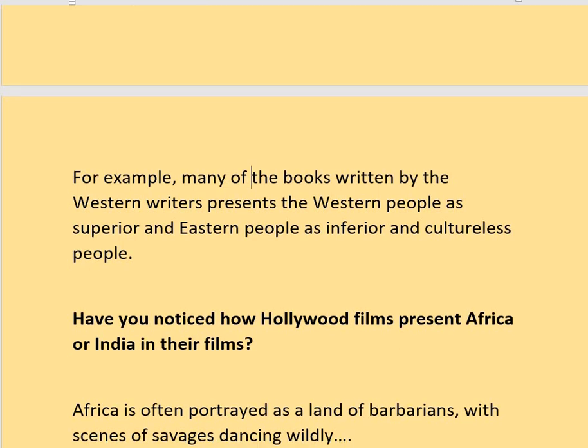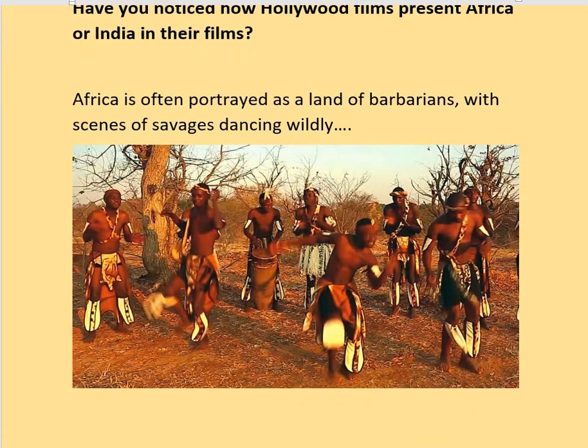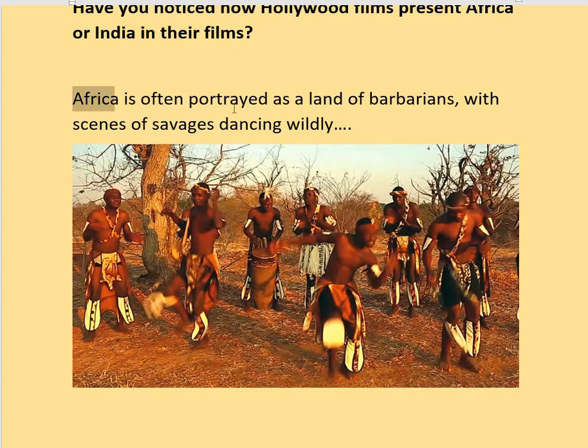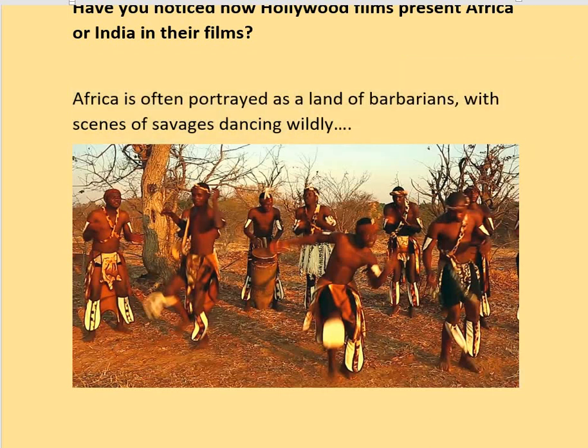Have you noticed how Hollywood films, that is American films, present Africa or India in their films? Africa is often portrayed as a land of barbarians with scenes of savages dancing wildly. Even your picture of an African country might be like this. It is because of the majority of the portrayals of Africa like that.